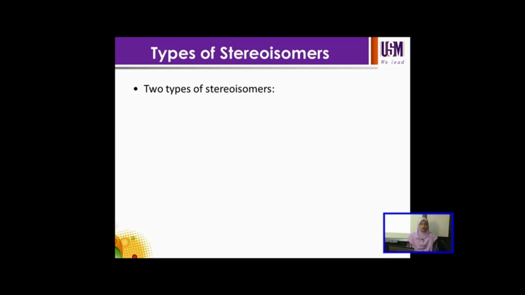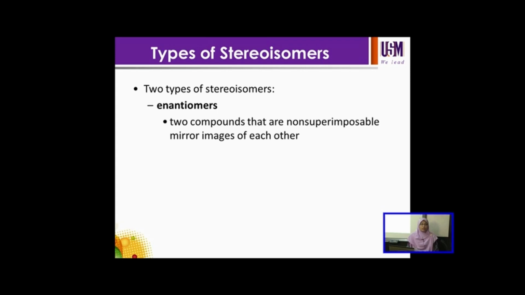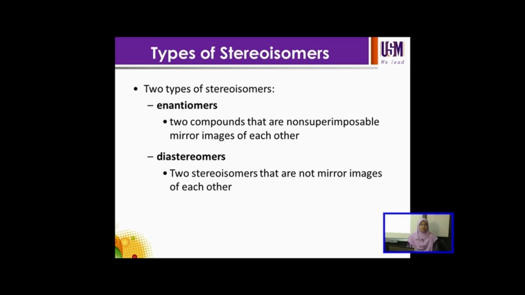There are two types of stereoisomers. We have enantiomers, where the two compounds are non-superimposable mirror images of each other, and diastereomers, which are stereoisomers that are not mirror images of each other.